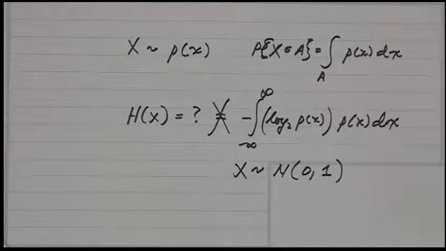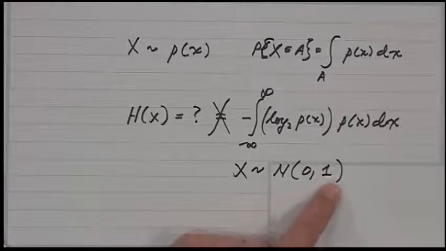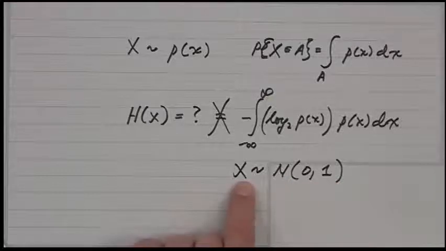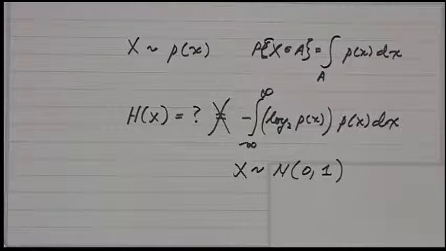It's a continuous random variable, a Gaussian with mean 0 and variance 1. If I'm going to encode the value of x, how many bits do I need? As many as you want. Well, I'm looking for a more specific word. Infinity. Okay? You need an infinite number of bits.